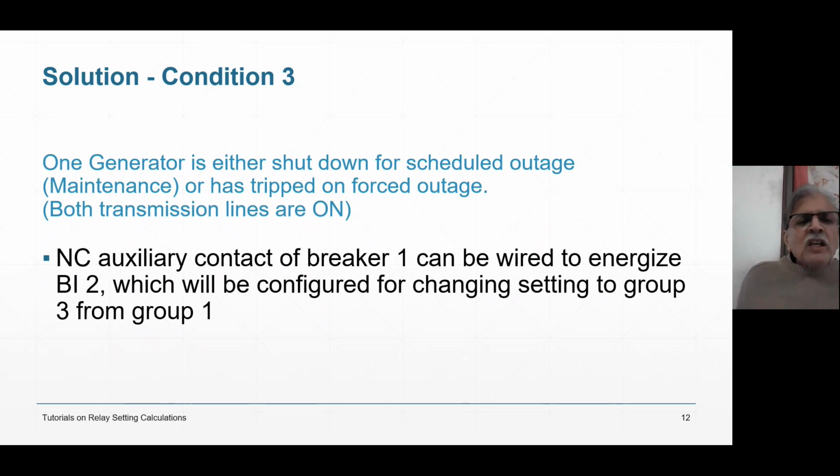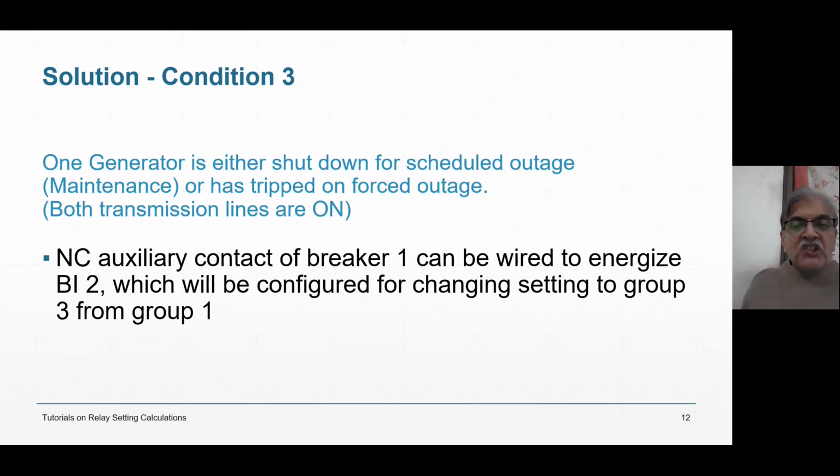Normally it takes 1 month, but if you do it faster, you can do it. But for certain time, the generator will not be working for scheduled maintenance, or it may trip on forced outage. So one generator is off, and that means the breaker of that generator will be automatically off because of the protective scheme. So the NC auxiliary contact of breaker 1 can be wired to energize another binary input.